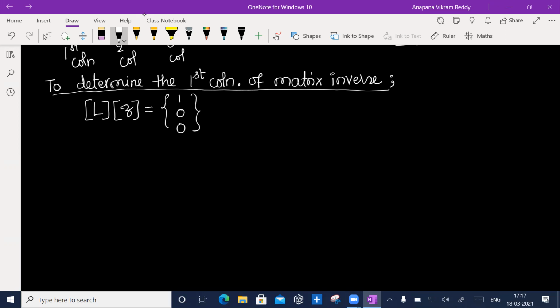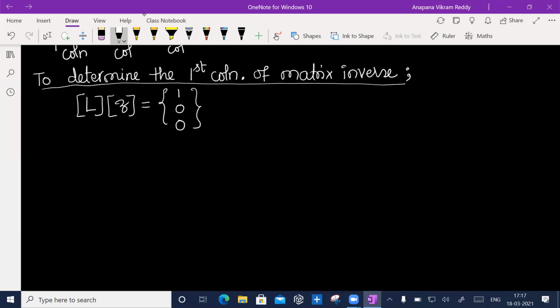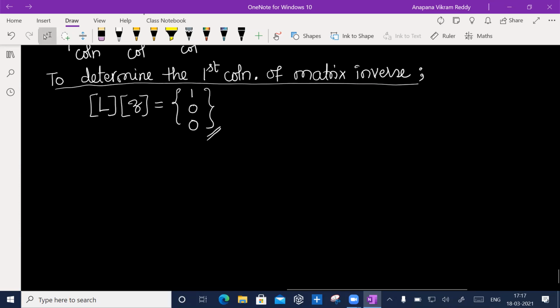I want to find the first column of the matrix inverse, so I go for LZ equal to 1 0 0. See, this is my unit vector on the right hand side. That's what the statement is all about.